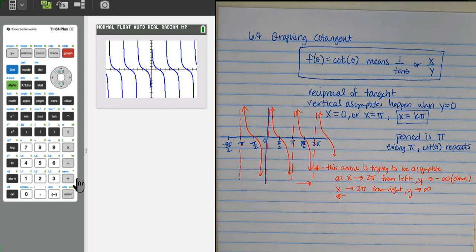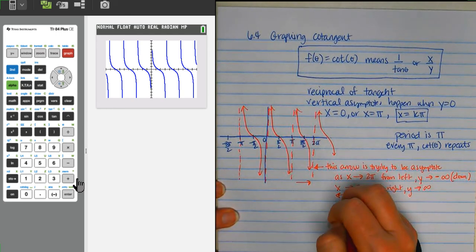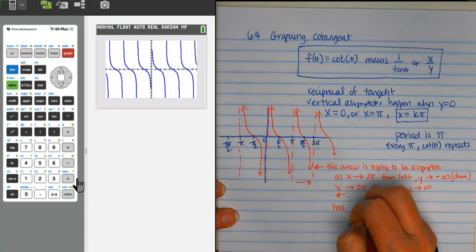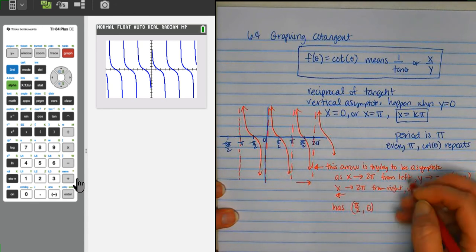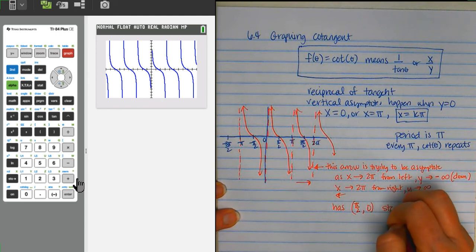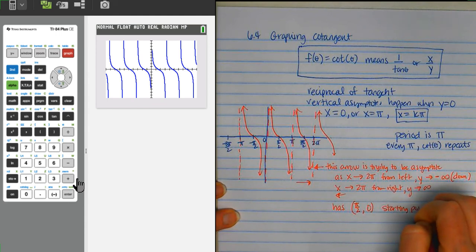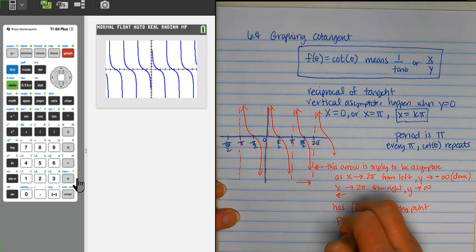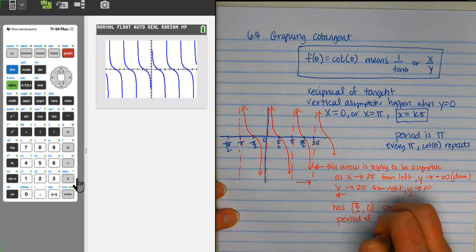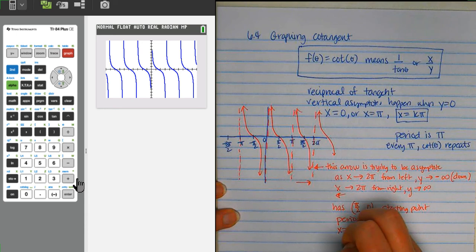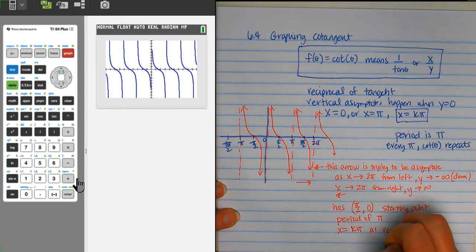So tangent and cotangent look very similar, but they do cross through different points. This one has pi over 2, 0. That's what I think of as my starting point. And it has a period of pi, and it has x equals k pi as a vertical asymptote.